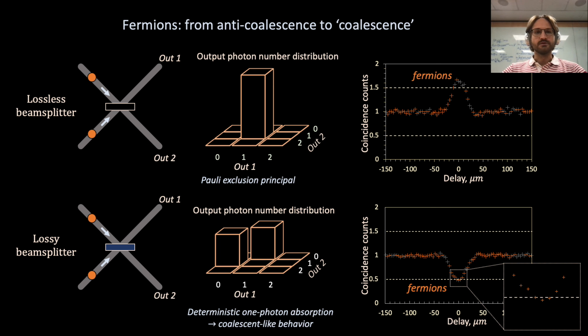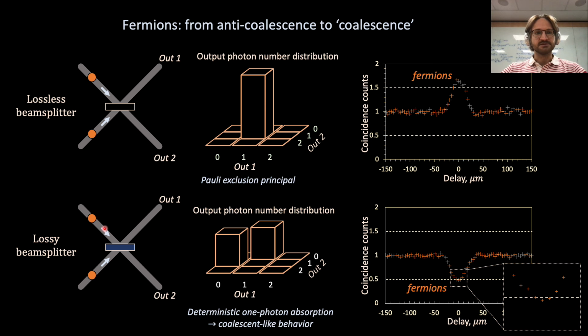With entangled photons, we may also implement fermionic interference. When we interfere fermions on the lossless beam splitter, we expect to find one photon at each output port of the beam splitter, and this is the reason why we observe a peak in coincidences.